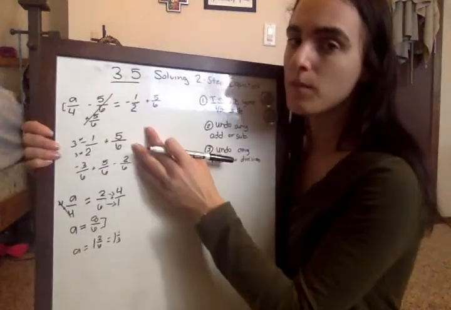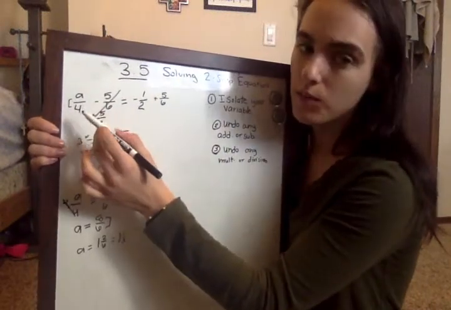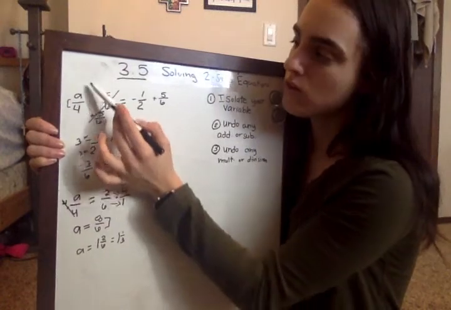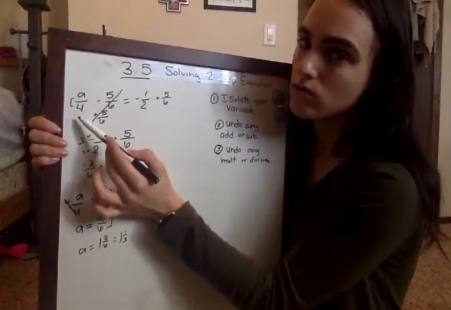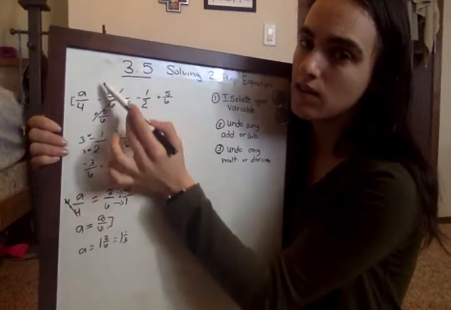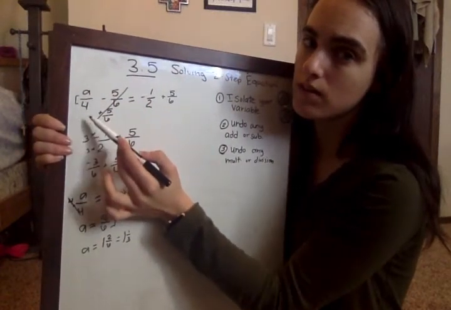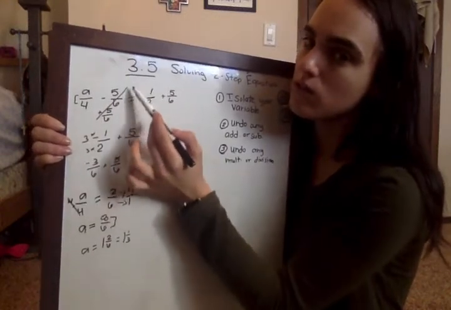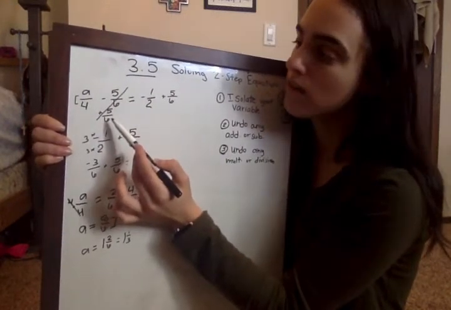So, what did we do? We identified our variable. We recognized that it was being divided by 4. So we said, okay, this term we're going to leave alone, and we're going to get this term by itself. We're going to isolate this term, because this is where our variable is. So then we looked around our variable on the same side of our equal sign to see what we needed to do to get it by itself.